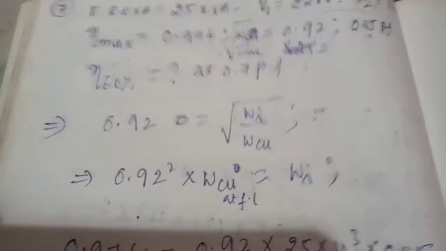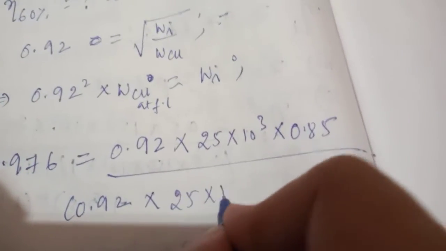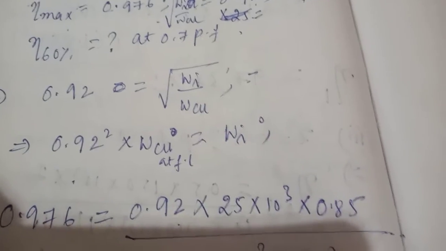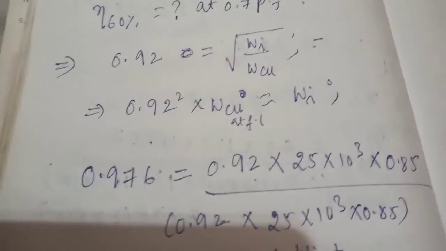So divided by the same thing, 0.92 into 25 into 10 to the power of 3 into 0.85 plus Wi plus WCU, right?